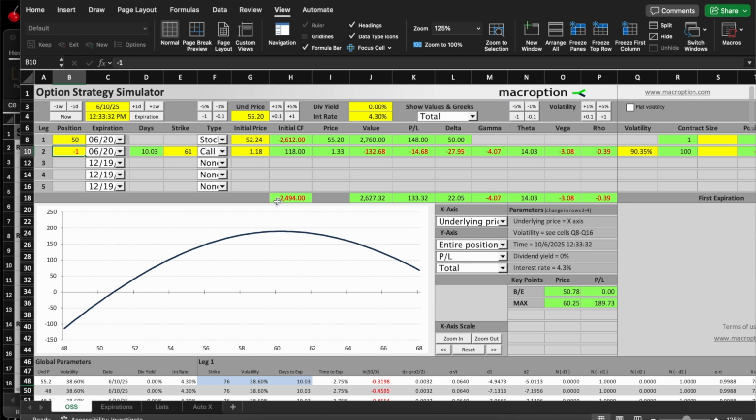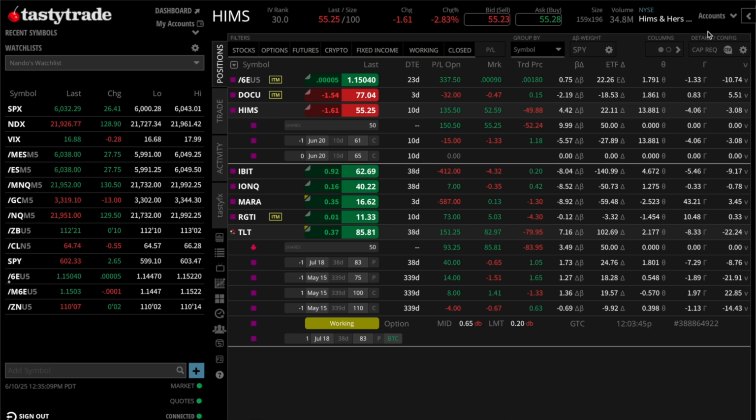And here's some information that I'm going through, looking at the risk graph here, going over various ways to analyze the position. What I do want to mention is that I didn't have to sell this call, and by the way, I did roll it down.